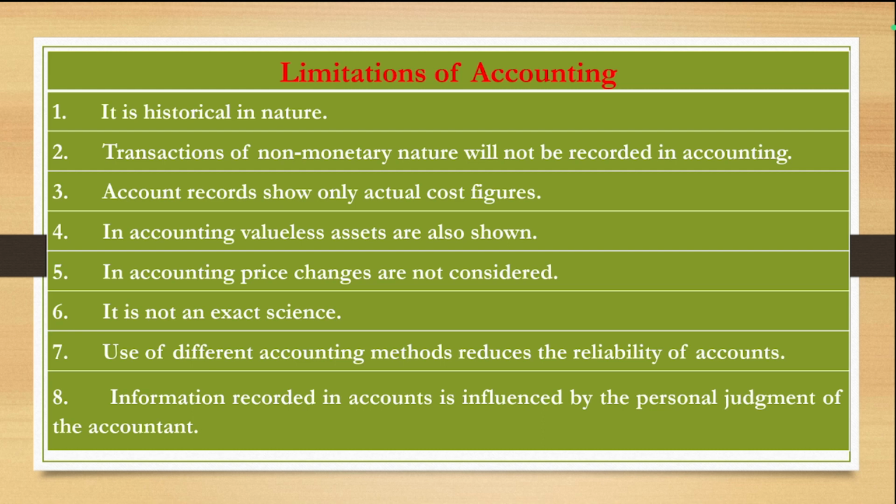Next, use of different accounting methods reduces the reliability of accounts. And last but not the least, information recorded in accounts is influenced by the personal judgment of the accountant. Yes, but to overlook this limitation, we have auditing, by which we can correct this.